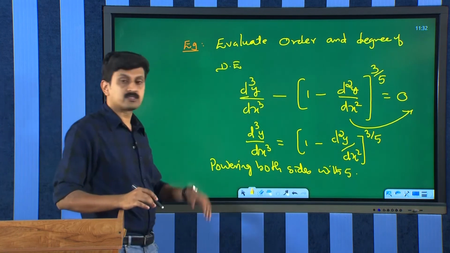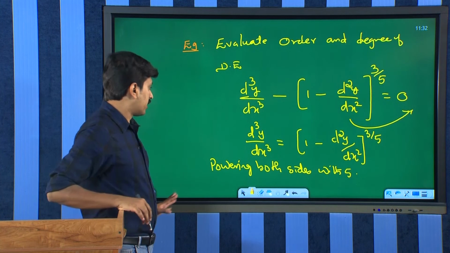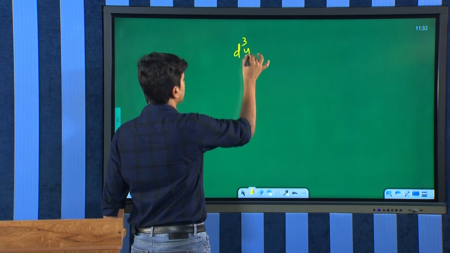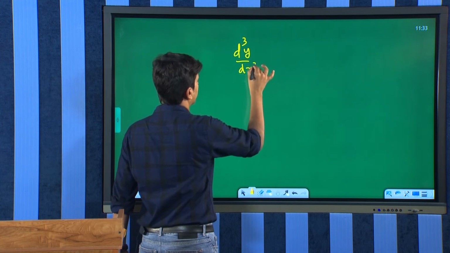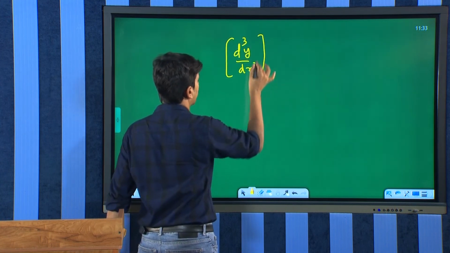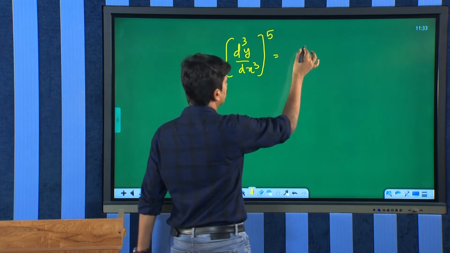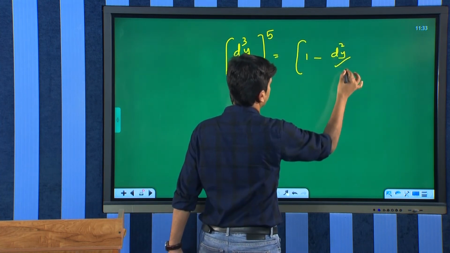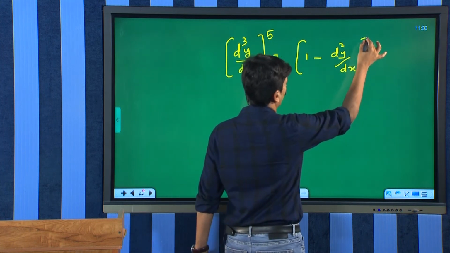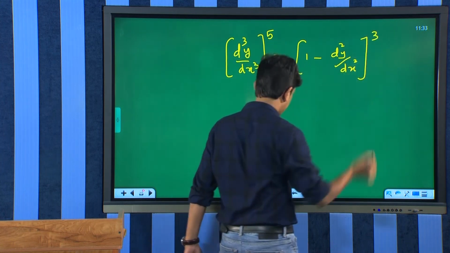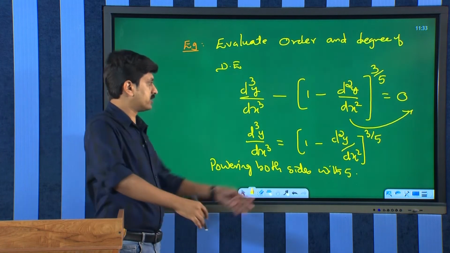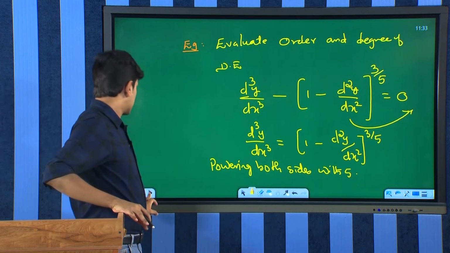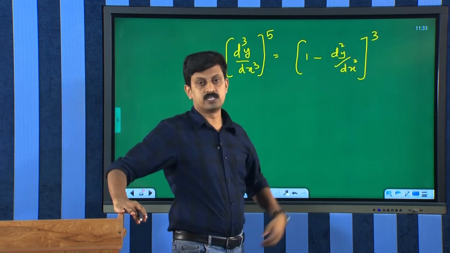While raising both sides to the power 5, we have (d³y/dx³) whole raised to 5 equal to 1 minus (d²y/dx²) whole raised to 3. Here we have 3/5, and while raising to the power 5, this 5 cancels, and therefore the power is equal to 3.